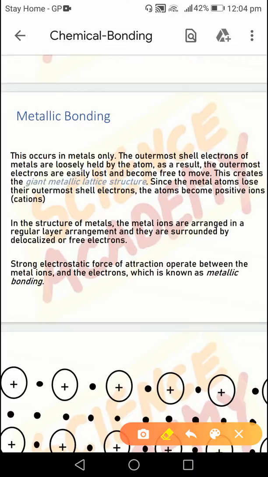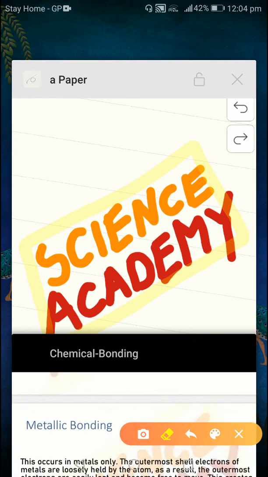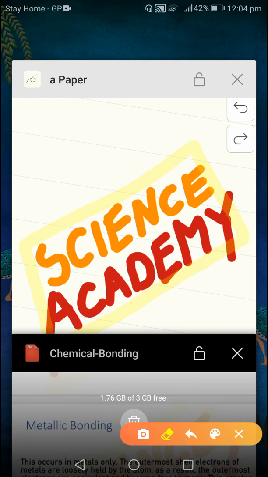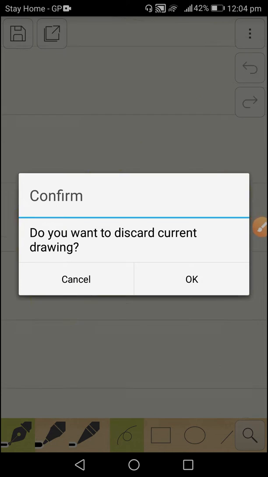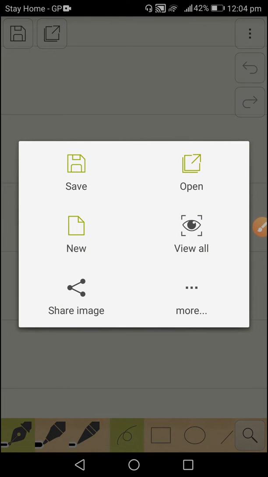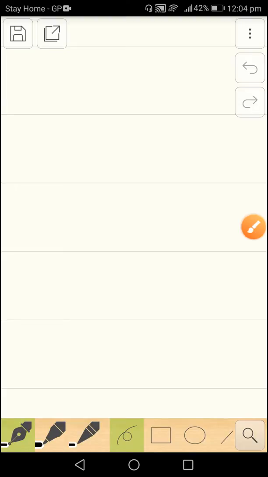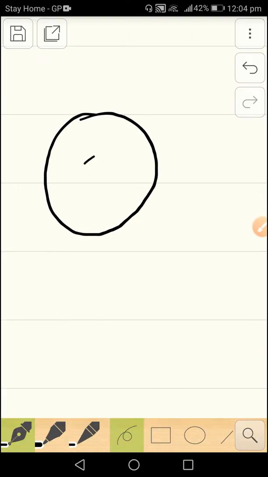Now let's look at a fresh window. For example, this is a metal atom with this outer shell electron. We are only drawing the outermost shell.